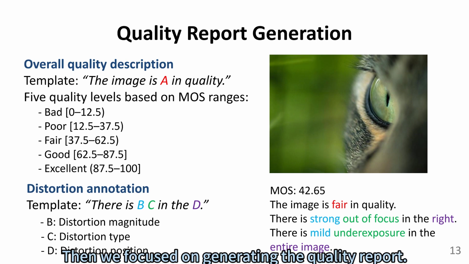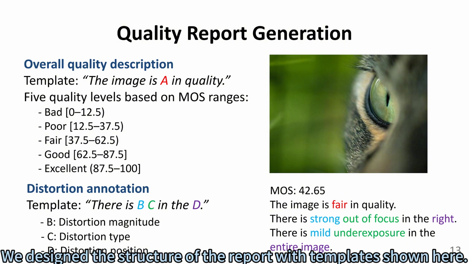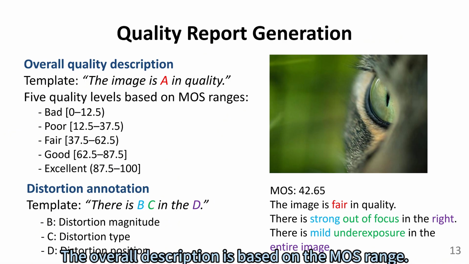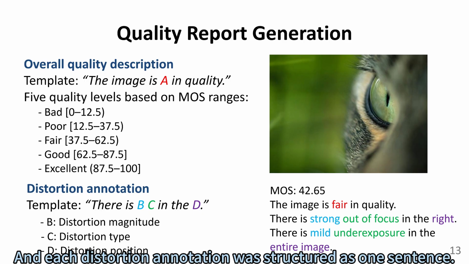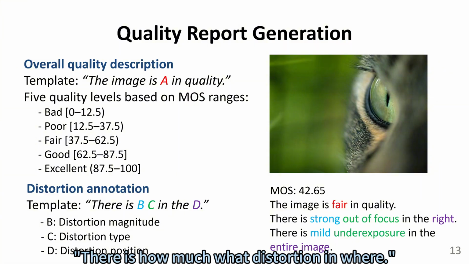Then we focused on generating the quality report. We designed the structure of the report with the templates shown here. The overall description is based on the modes range, and each distortion annotation was structured as one sentence: how much, what distortion, and where.